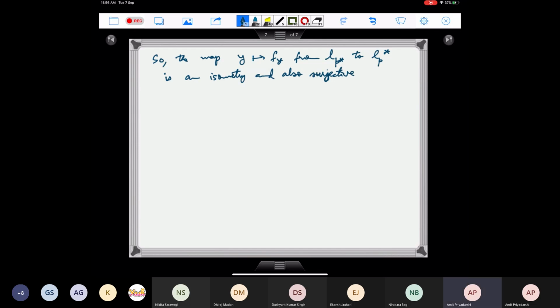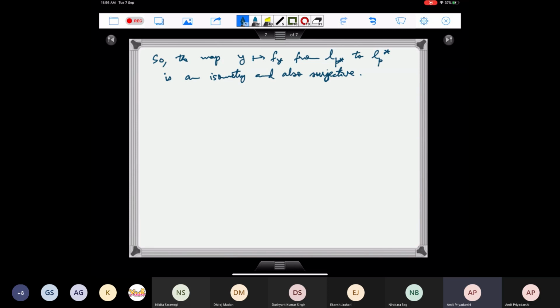We have shown that this is onto: if I take any f in LP star, then that is given by f sub y for some y in LP star. So this map is onto, that is, surjective.